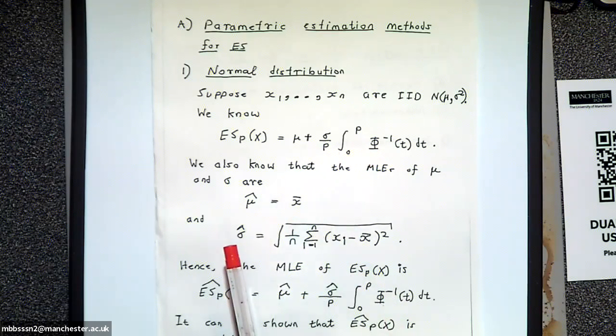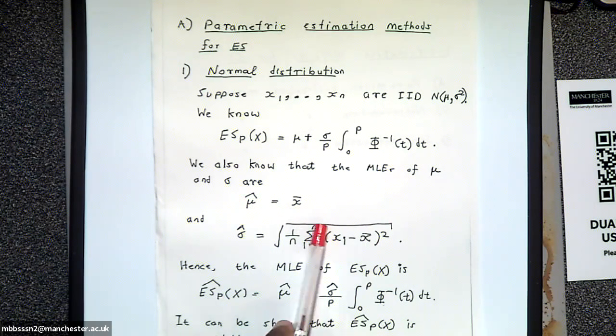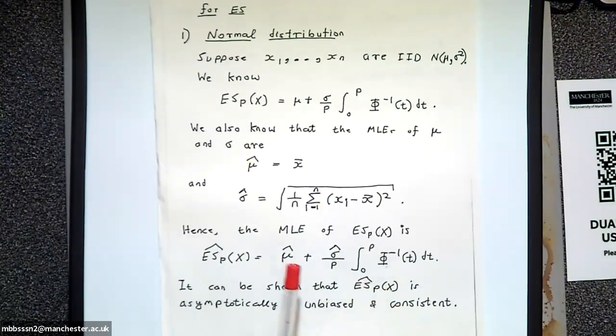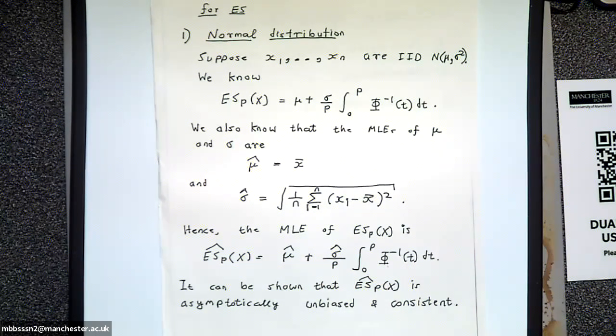And you should know from the statistical methods course, the MLEs for mu and sigma are this and this, right? And hence the MLE for the expected shortfall is given by this, right? So that's the first method.